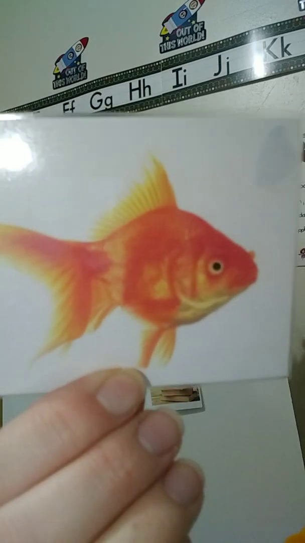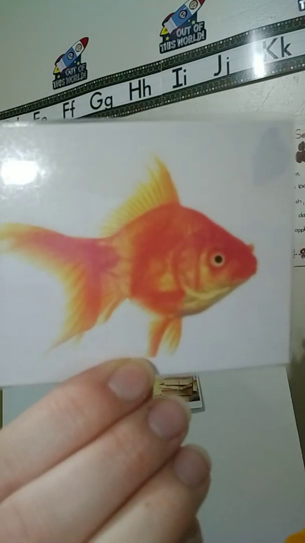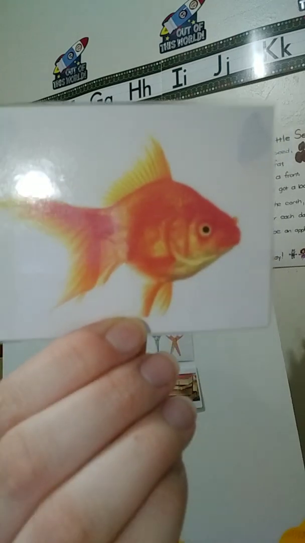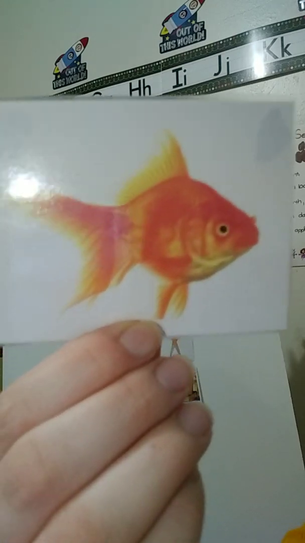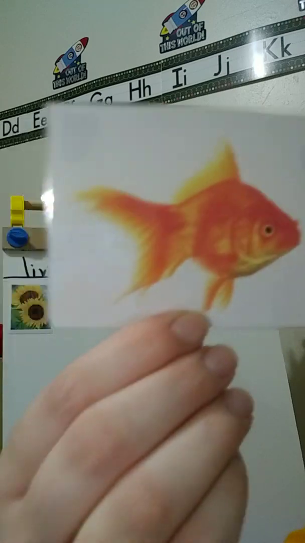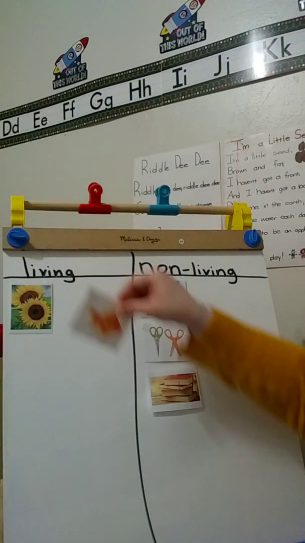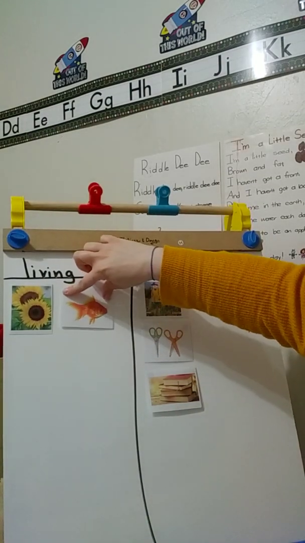Let's look at another one. What is this, boys and girls? This is a goldfish. Can it move? Does it need food? Can it breathe? It can breathe in the water. It moves. It needs food. And it can reproduce. So yes, this is living. So I'm going to put it over here.